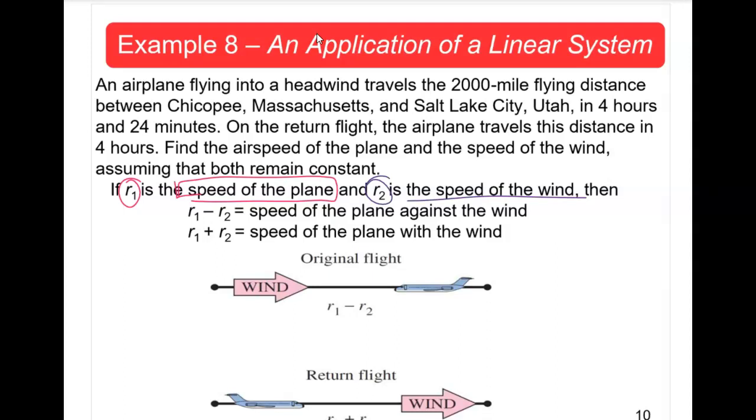And those are our 2 unknowns. Usually the question is the one that will tell you what your variables should be. The question says here, find the airspeed of the plane and the speed of the wind. So that's why we label our variables like that.